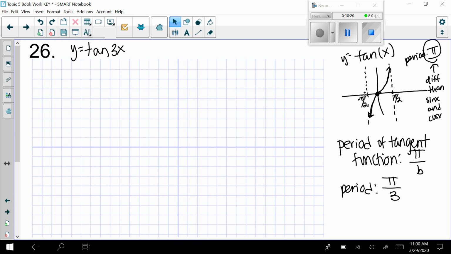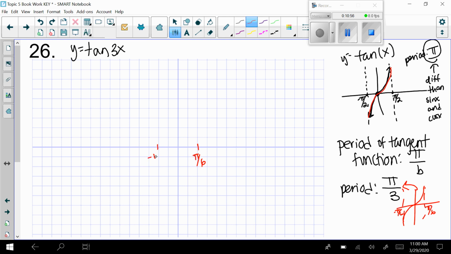So if I want it to take pi over 3 to do this full piece here, then I know that these asymptotes are going to occur at pi over 6 and negative pi over 6, right? Because pi over 6 and pi over 6 is going to total give me that pi over 3 I'm looking for. Basically cut that in half. So this is going to be pi over 6, and this is going to be negative pi over 6, or where those asymptotes are going to be.